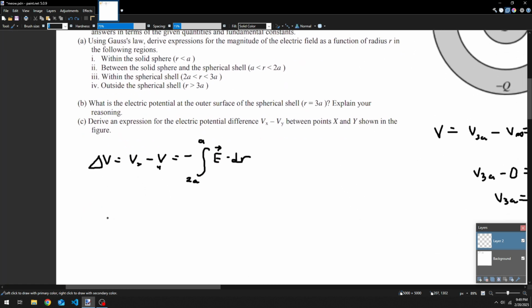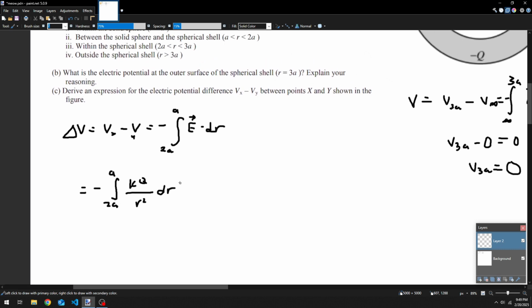So this will equal negative the integral from 2a to a of kq over r squared dr. We can take out some stuff. These two are constants, so negative kq times the integral from 2a to a of r to the negative 2 dr. So this will integrate to negative 1 over r.